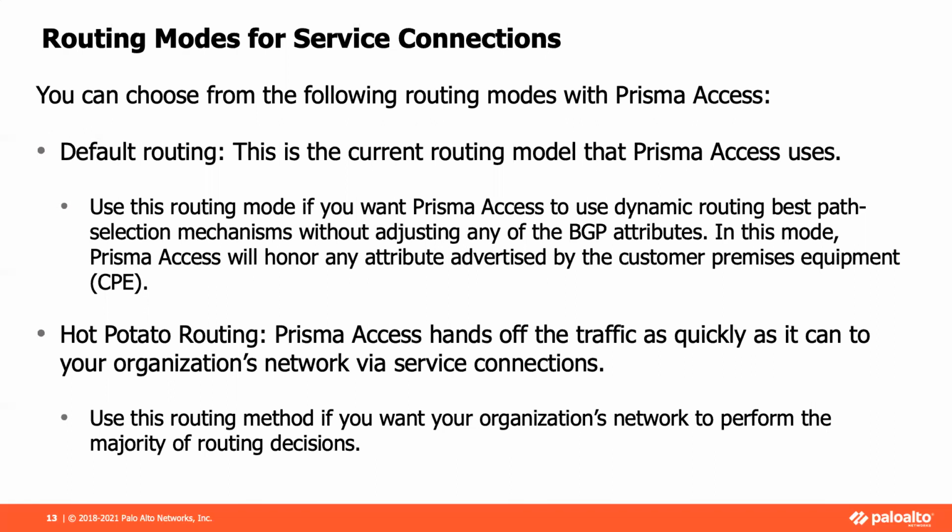You may have customers that have some sort of legacy BGP infrastructure where one branch office can talk back to a data center to get to another branch office, et cetera, et cetera.